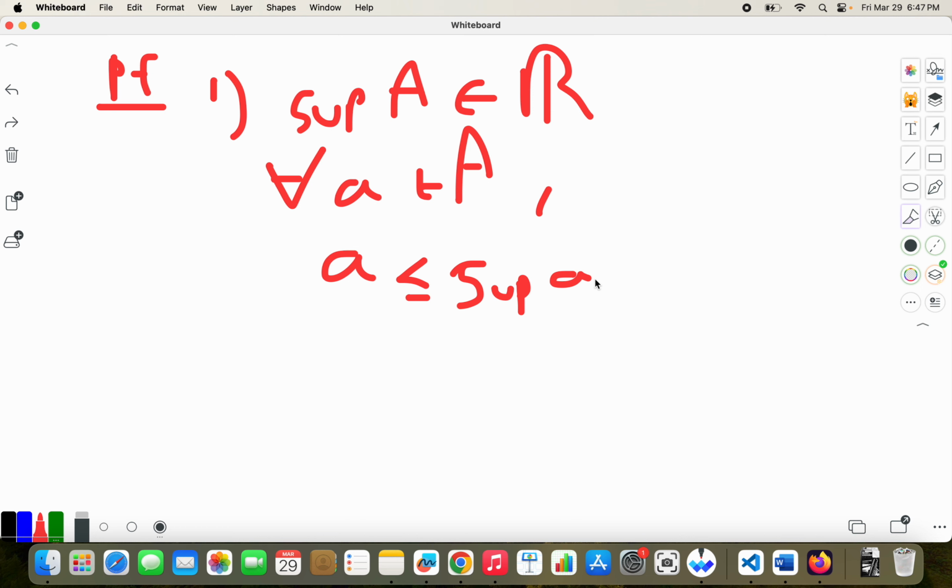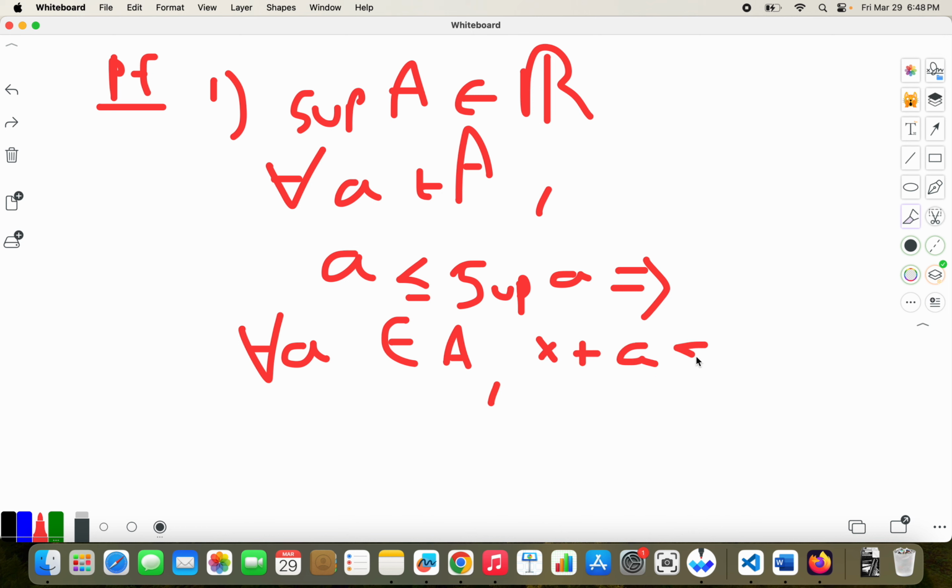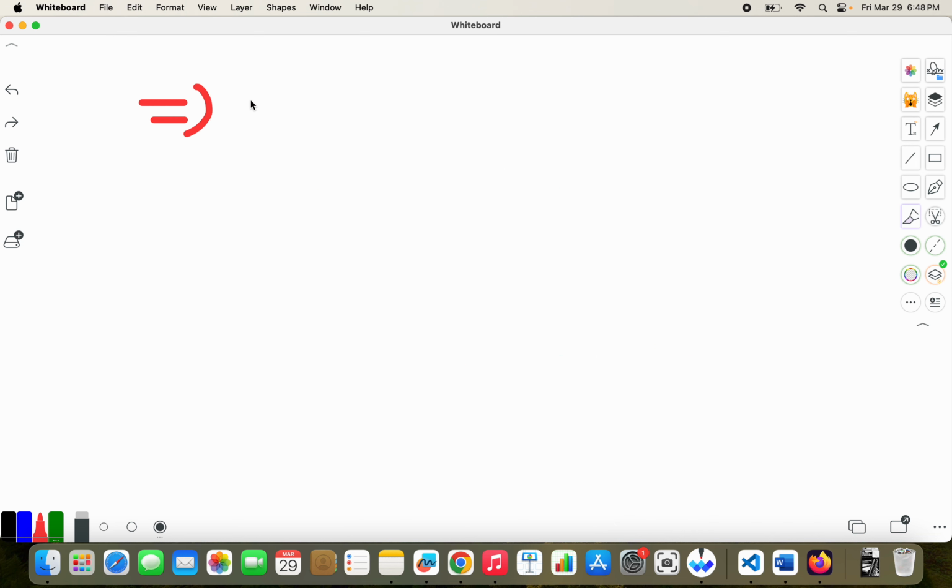Again, our basic intuitive view implies that for all a in A, x plus a is less than or equal to x plus sup A. So x plus sup A is an upper bound for x plus A. So let epsilon be greater than 0. That has to be there.